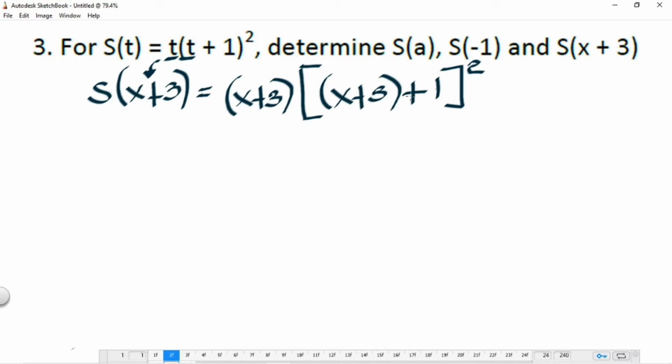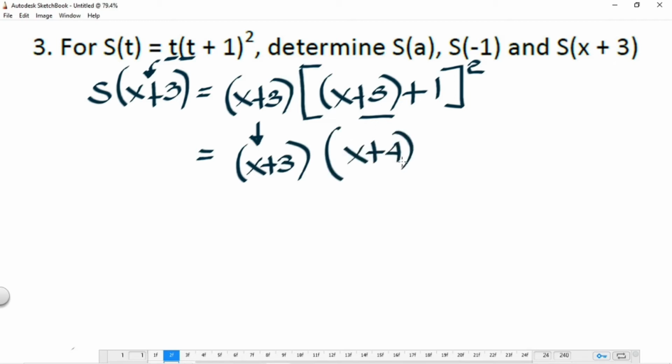Let us first perform the operations inside this parenthesis. I will just copy this one. X plus 3, and then this will become x plus 4, and don't forget the exponent. Then we can already expand this one.